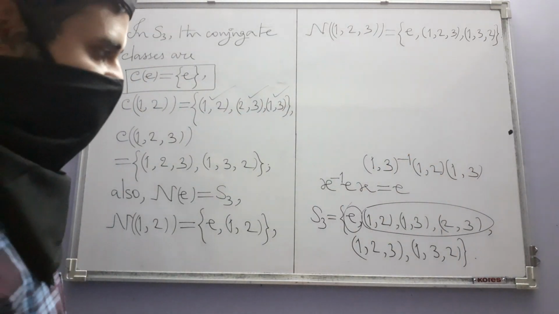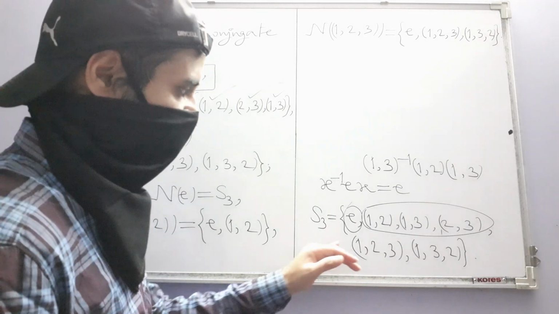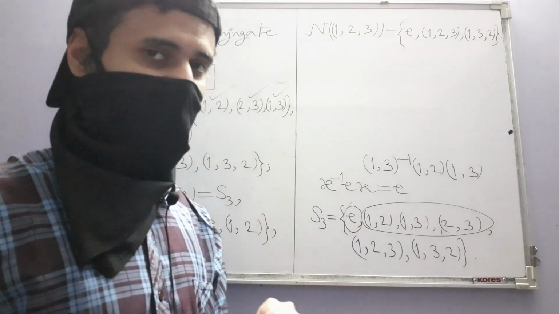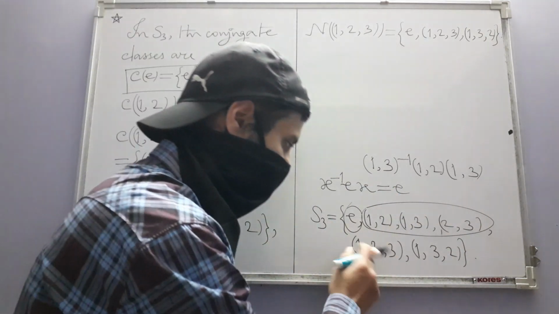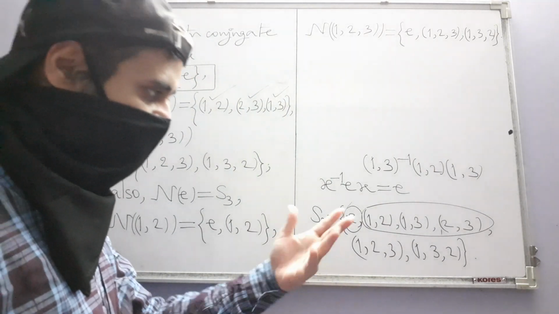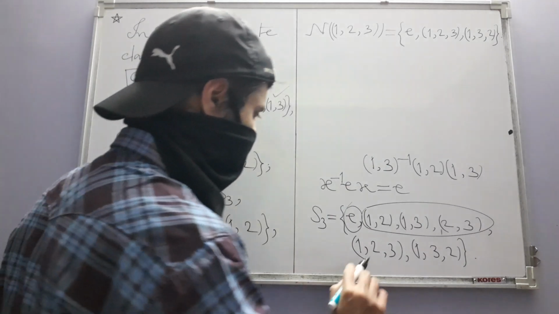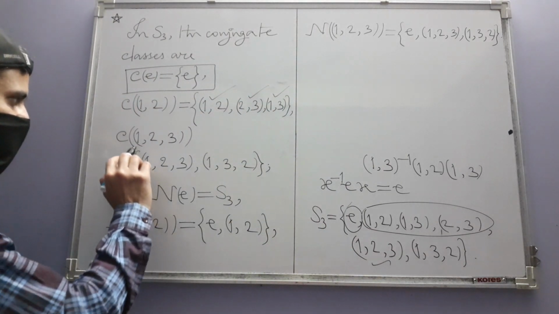another conjugate class. Now because distinct conjugate classes are disjoint, the already considered elements which have already formed their conjugate classes will not appear in the next conjugate class, whatever else may be there. So next you calculate the conjugate class of this.